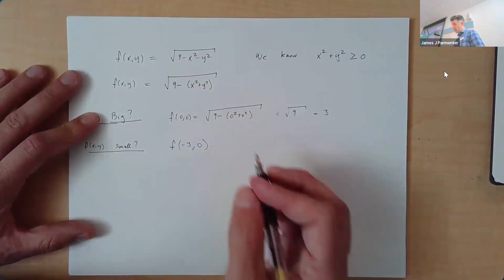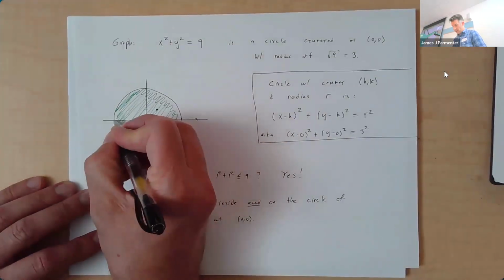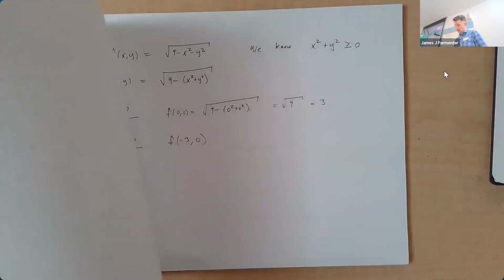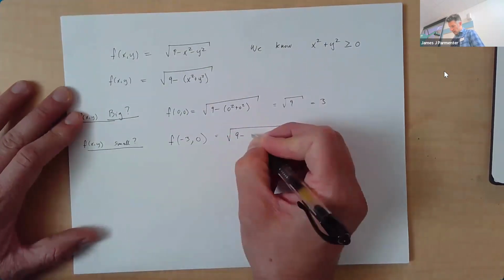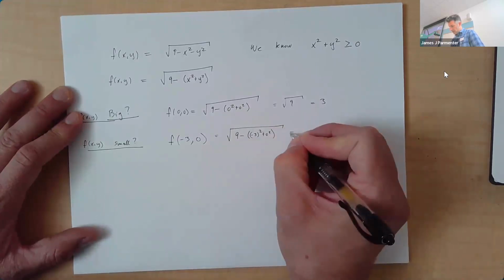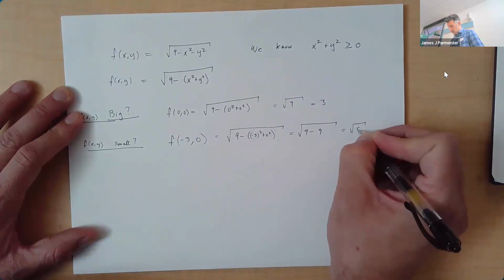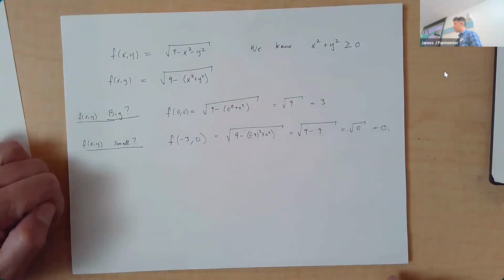That's in my domain, right? It's actually on the border of my domain. If I plug in those points, I get the square root of 9 minus -3 squared plus 0 squared. That's the square root of 9 minus 9, which is the square root of 0, which is 0. So I definitely can get a 0 result.